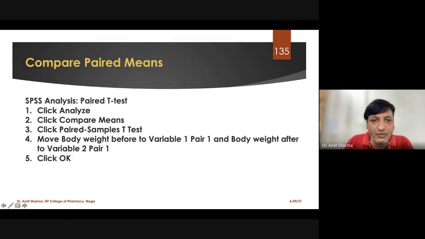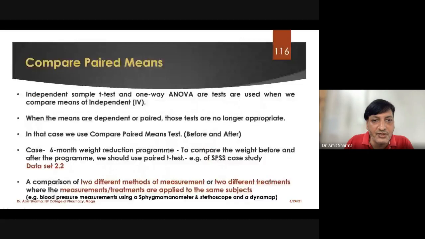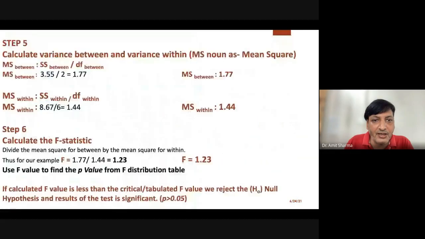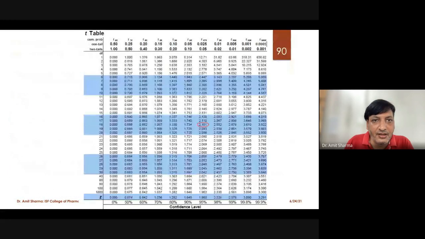So if we look to the t distribution table, we have to go back, what is the value for degree of freedom 19 at alpha level. This is the t distribution table, and we can see here the value for degree of freedom 19.